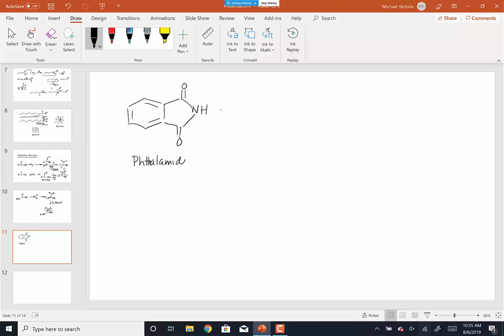It's called phthalimide. And because the nitrogen is between 2 carbonyls, the NH is actually kind of acidic, so we could react this with something like hydroxide and remove the hydrogen from the nitrogen. So we can actually make an N- out of the phthalimide to make basically an amide.